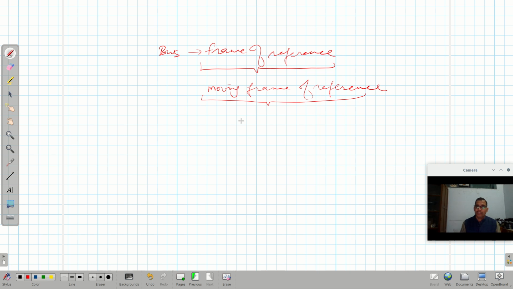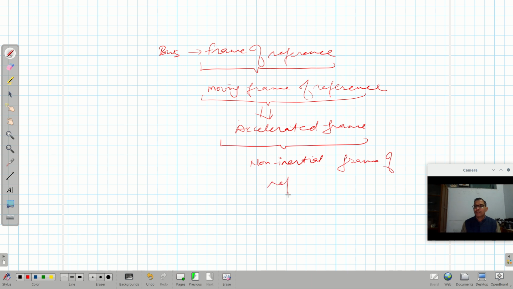In other words, I can say that it is a moving frame of reference, but it is an accelerated frame. Such frames are said to be non-inertial frames of reference. So for this, let us try to develop some mathematical formulation.